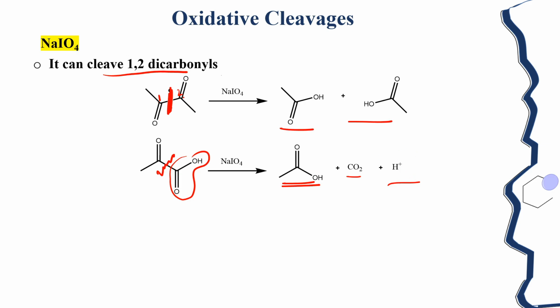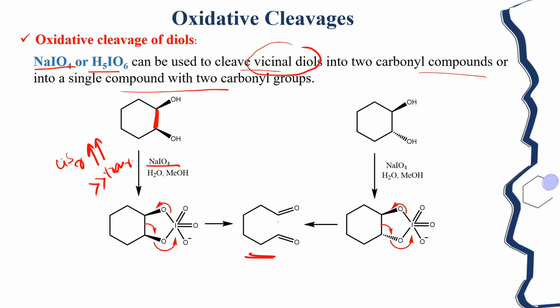However, there is a certain limitation while using sodium periodate, that I already discussed in the previous slide, that in the case of trans it might be possible to break this way because somehow it might get adjusted to form this type of 5-membered cyclic ring and then it will get broken.